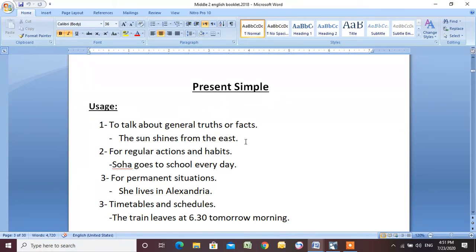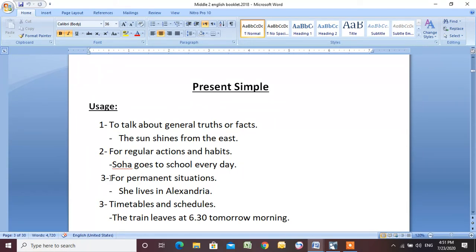This is a fact. Number 2, for regular actions and habits, things that we do every day, habits that we are doing every day. Like, for example, Suha goes to school every day. I get up early every day.